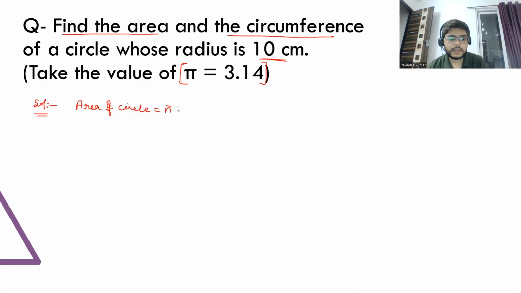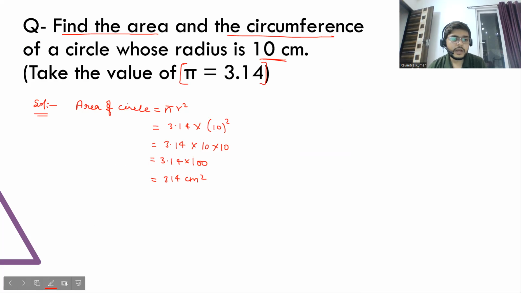Pi is 3.14, and r is 10, so 10 square is 10 into 10, because square means we multiply 10 twice. 10 into 10 is 100, and now we multiply it by 3.14, so it is 314 centimeter square. This is our area of the circle.